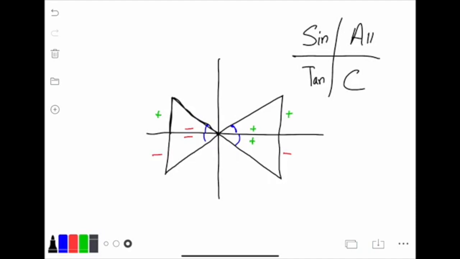And finally, in the fourth quadrant, only cosine is positive and its reciprocal secant, and all the others are negative. So this is a really good way to help you remember, if you are given an angle and you know which quadrant the angle is located in, you will know the sign, meaning positive or negative, of your final answer.